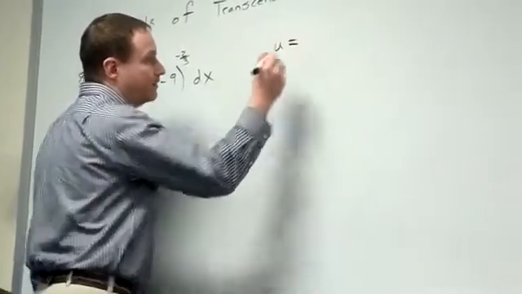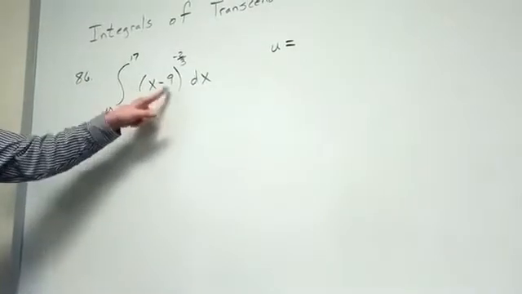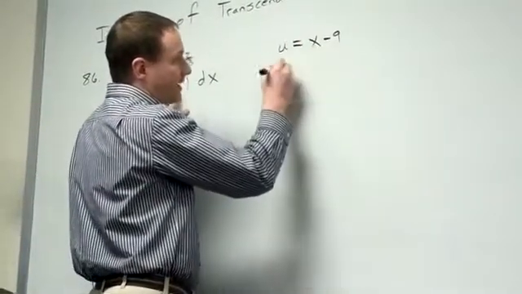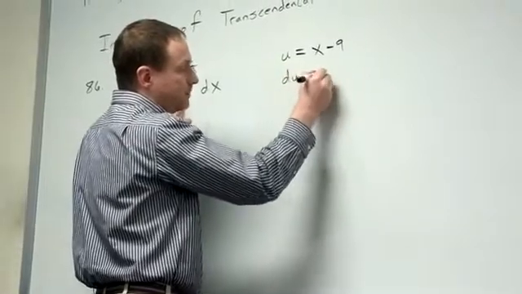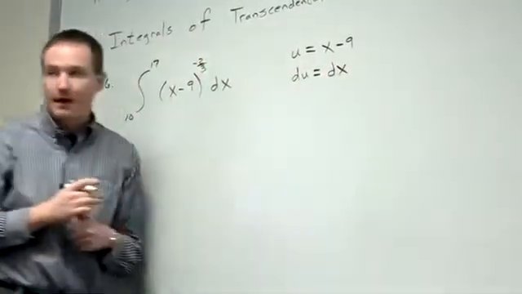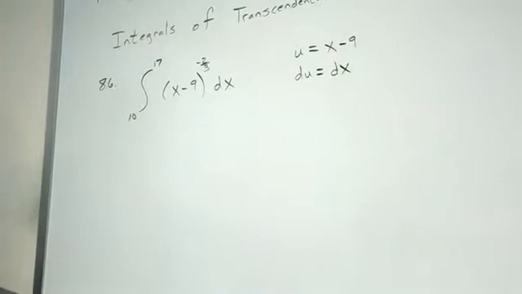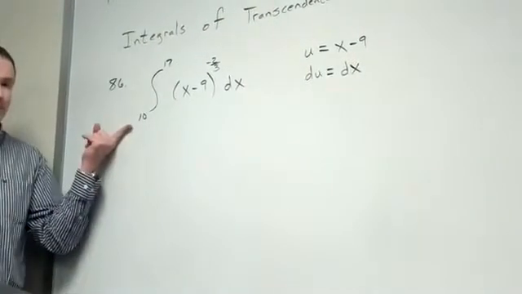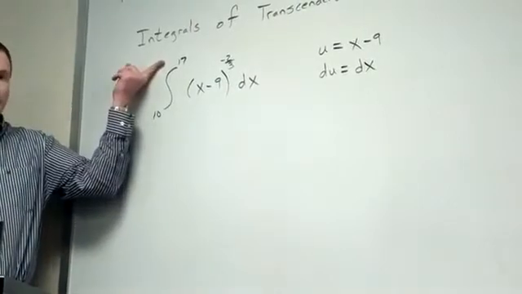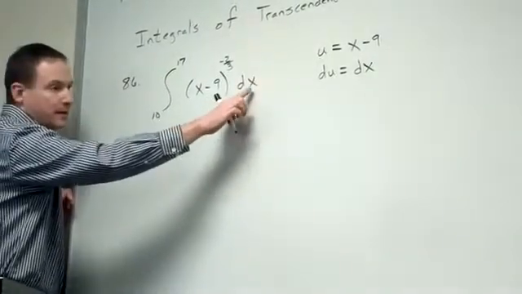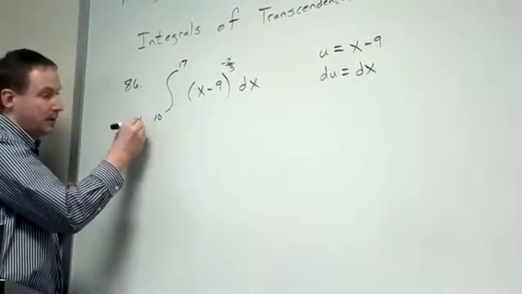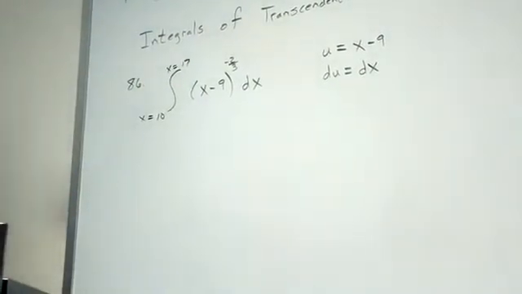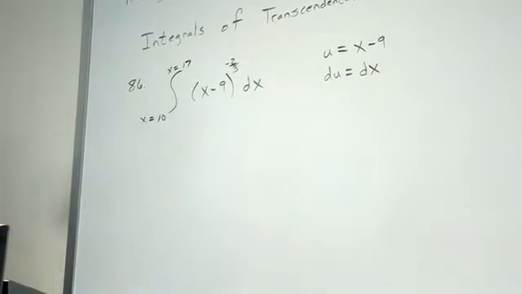So u is equal to x minus 9. du is simply dx. And then you'd say, well, if you're going to change your variables, I can't say my limits of integration are from 10 to 17 anymore, because please remember, this is with respect to x. So you could literally say this means x equals 10 to x equals 17. I can't keep my limits in terms of x when now my problem is in terms of u.